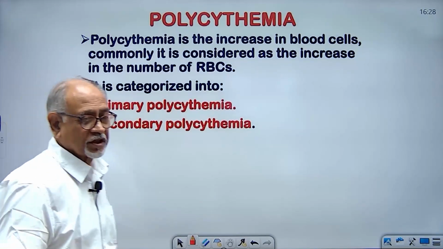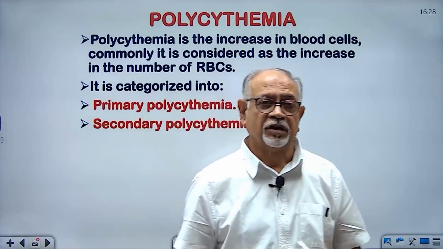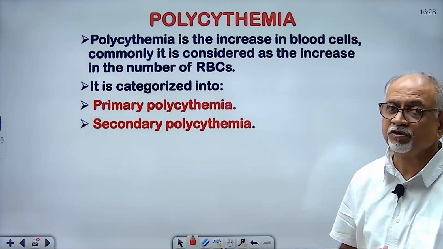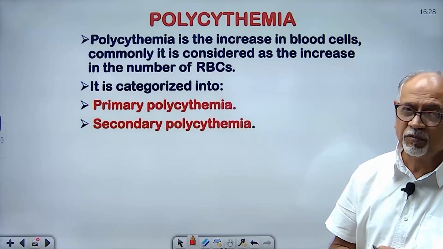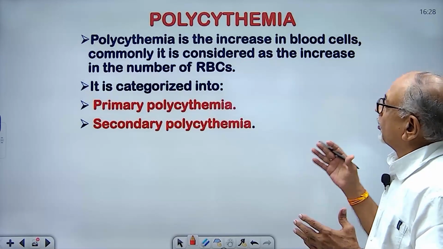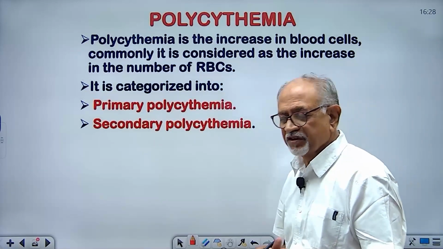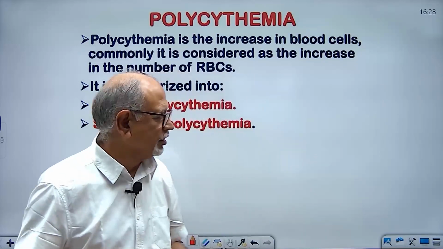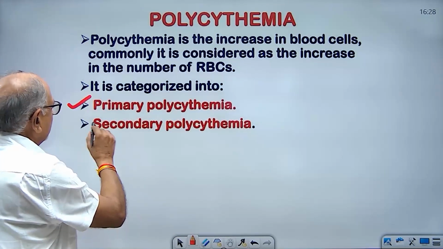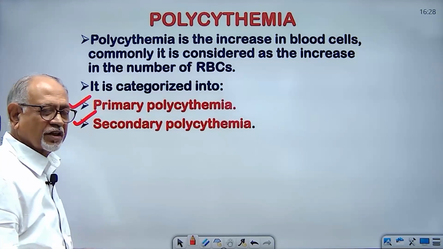Now, polycythemia, as we discussed earlier, an increase in the amount of hemoglobin in blood is called polycythemia. It can be categorized into two categories. Number one is primary polycythemia and number two is secondary polycythemia.